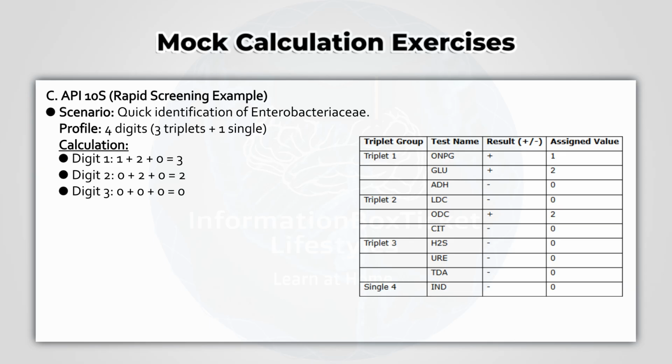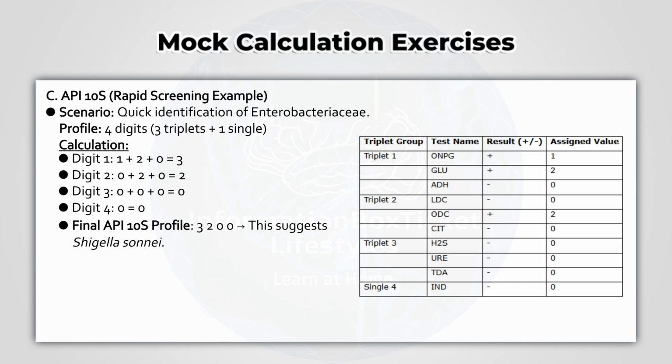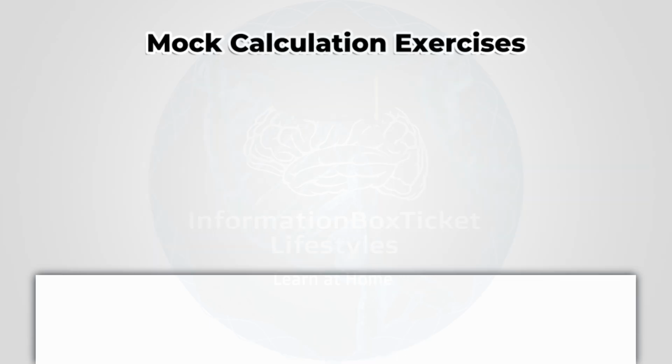Single test, IND is negative, giving 0. So the fourth and final digit is 0. Putting all digits together, the final API 10S profile code is 3200. According to the API identification database, this biochemical pattern is characteristic of Shigella sonnei.